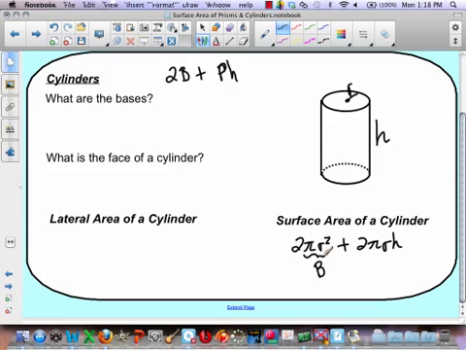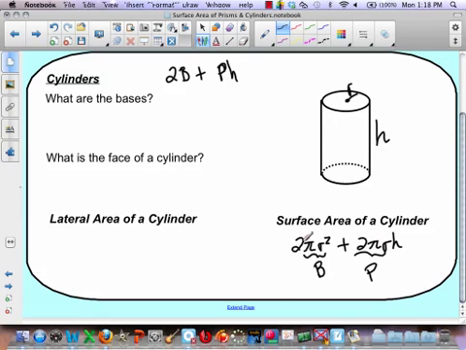What's the perimeter of a circle called? Circumference. What's the formula for circumference? Just 2 pi r. And therefore there's your perimeter. It's the same formula. The only difference is it's been adapted to deal with the circular base rather than a polygon base. But it's the same exact formula. It's twice the area of the base plus the perimeter of the base times the height.